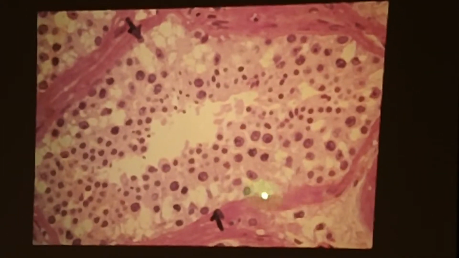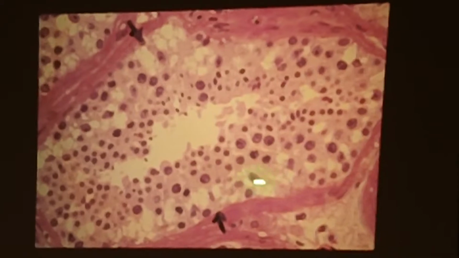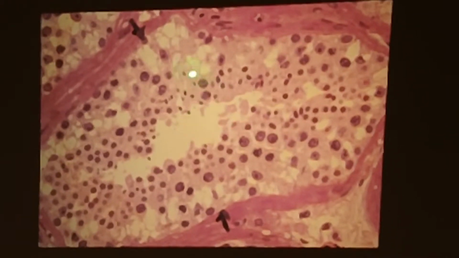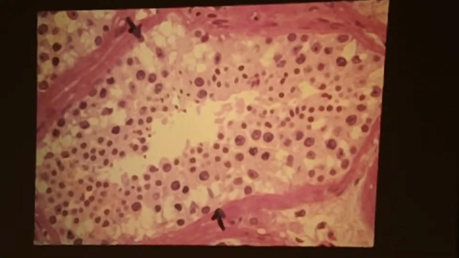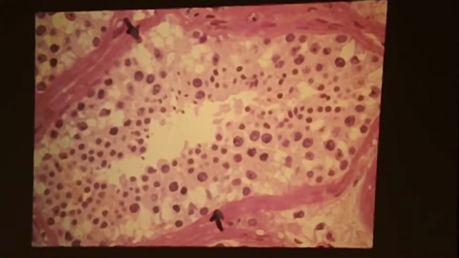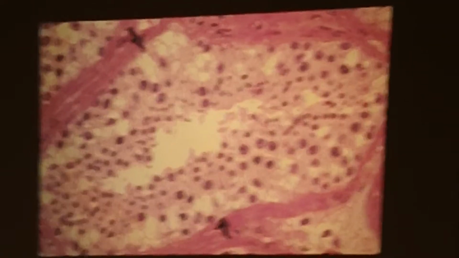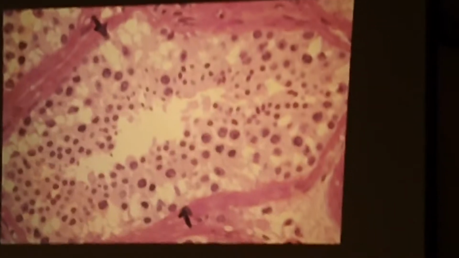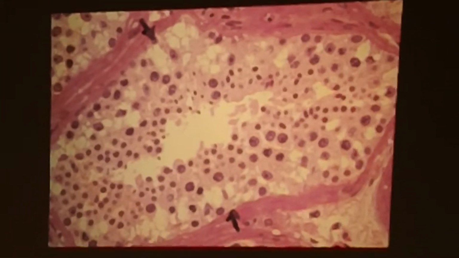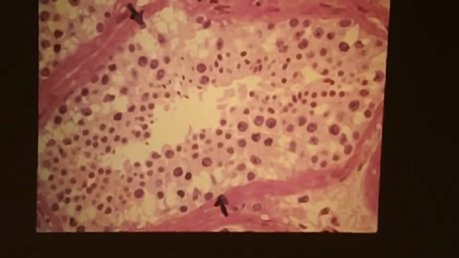Everything, particularly above the level of the Sertoli cell nuclei, are spermatocytes, except for these puppies right here, which we would call spermatids. And as soon as they undergo the process of spermiogenesis, they will become spermatozoa. So they need to go through some morphological changes before they're ready to do what they do.